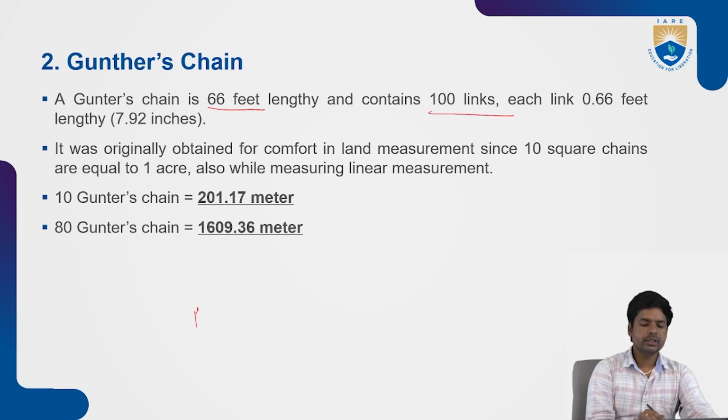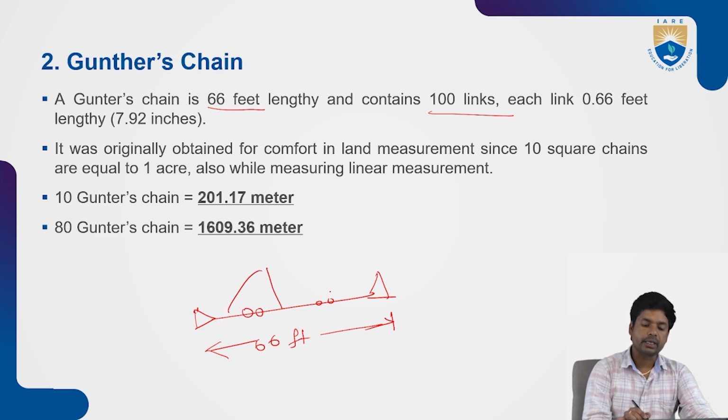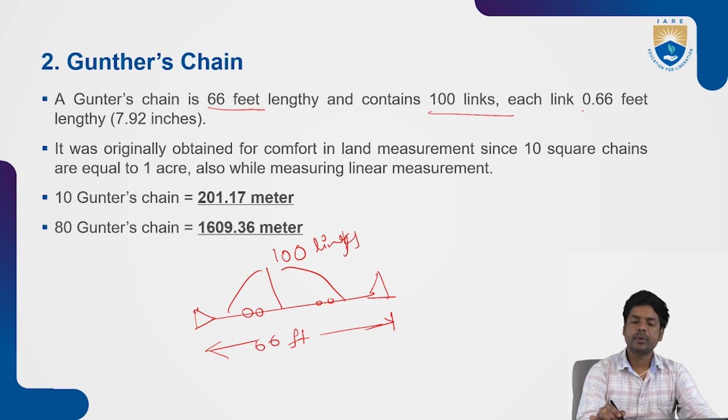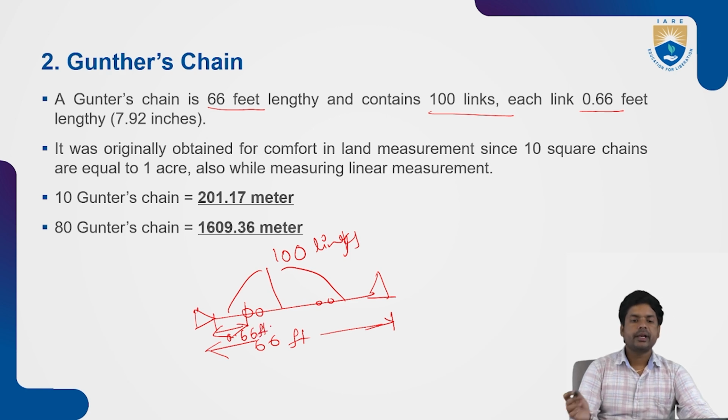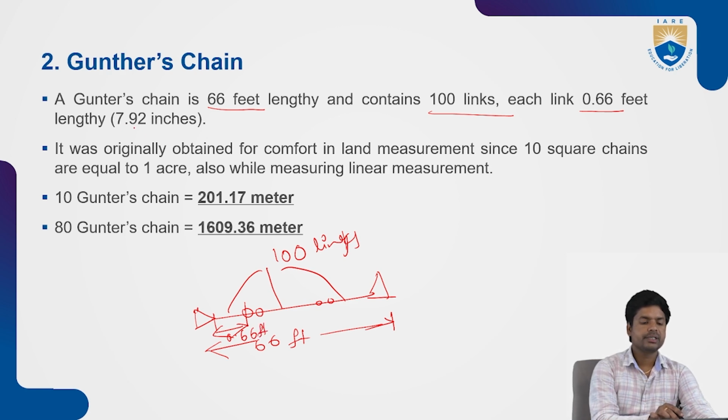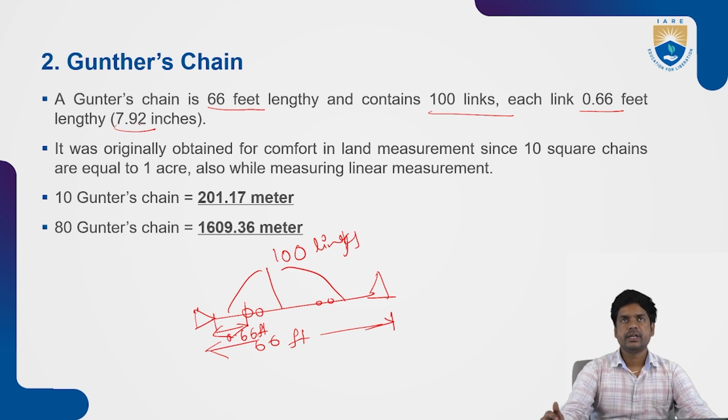Such links, 100 of them, are available in the Gunter's chain, and each link is 0.66 feet. If you measure the length of this particular link, it is around 0.66 feet, and in inches it is 7.92 inches.